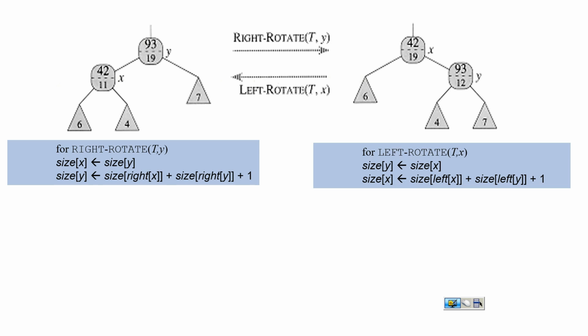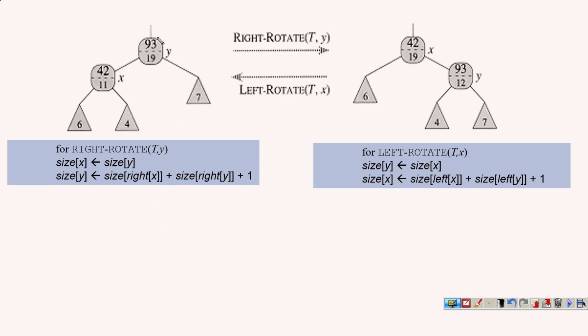Then we insert the node, and after inserting we check whether the tree is stable, that is, whether it maintains the red-black properties or not. If it is not, we need to do rotation. When we do rotation, the size is maintained by using this formula. So what does it mean?